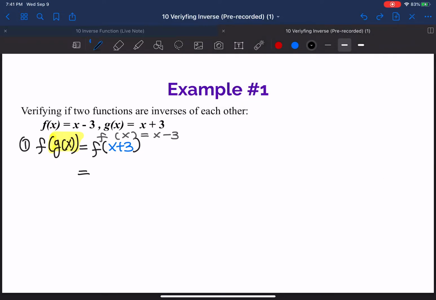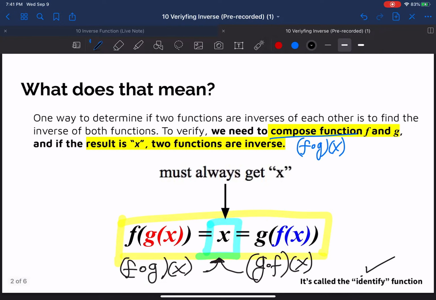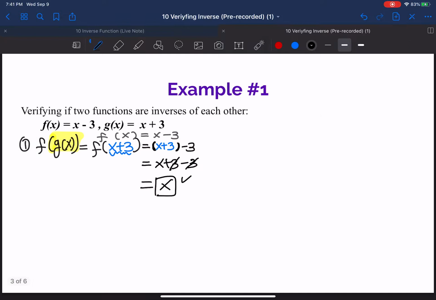So just like in 1.3, you are going to replace x with your x plus 3. Okay, and then let's simplify: x plus 3 minus 3. The 3 cancels, and we get x. Remember, we said the result always has to be x, right? So I got the x. Are we done? Nope.